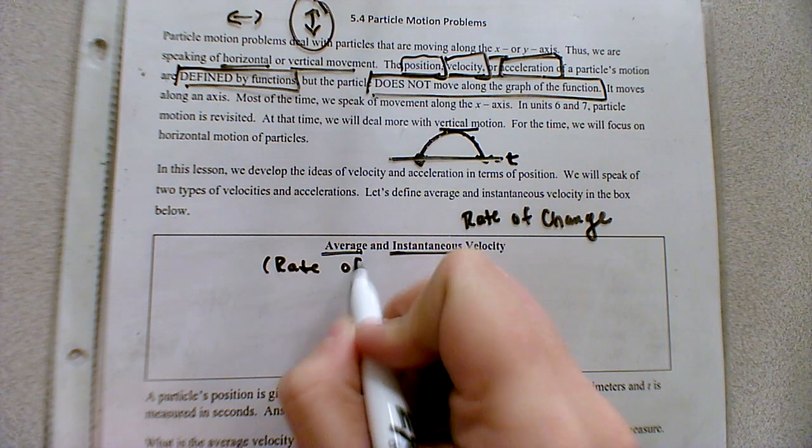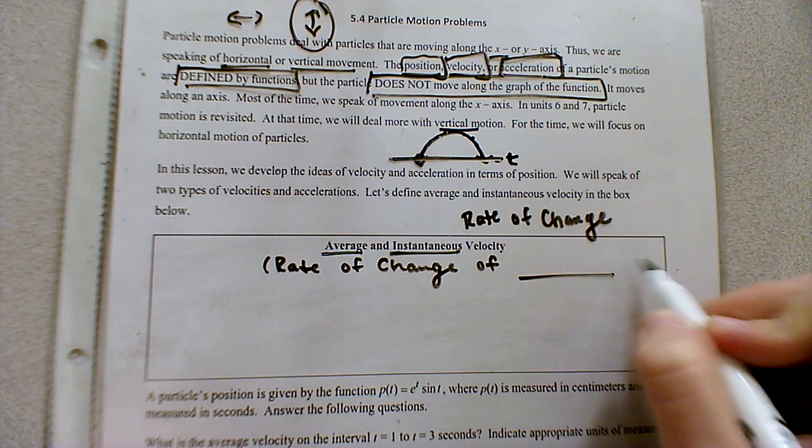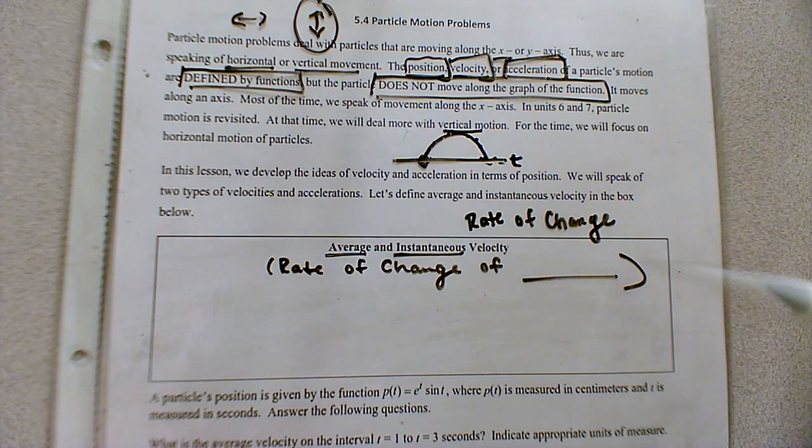So we'll write down rate of change of something. Okay. Now, velocity we can kind of think about as speed with direction. So if we have a negative velocity, that means we're either moving left or down, and if we have a positive velocity, we're either moving right or up. The numbered value is just representing the speed, okay, how fast we're traveling.